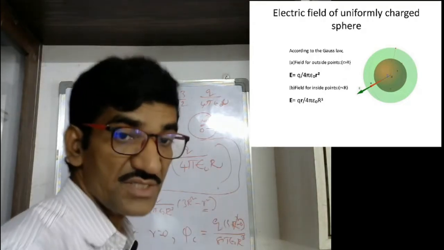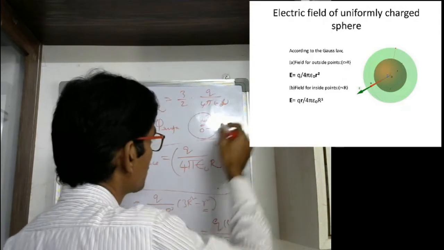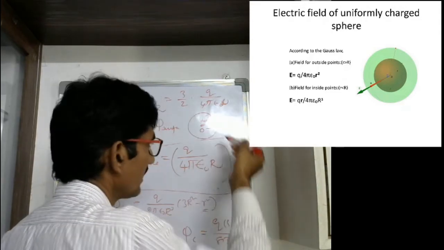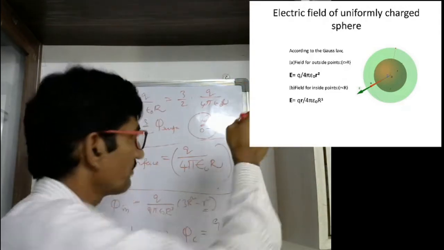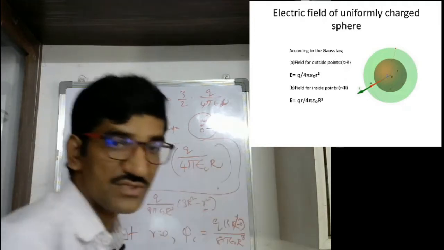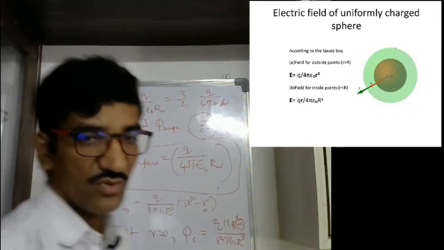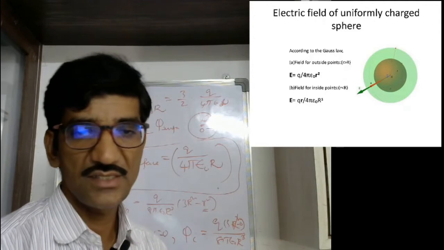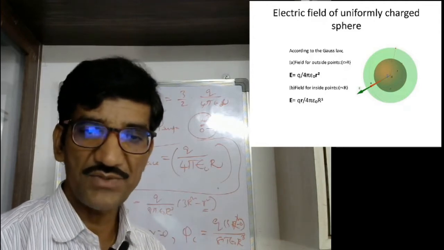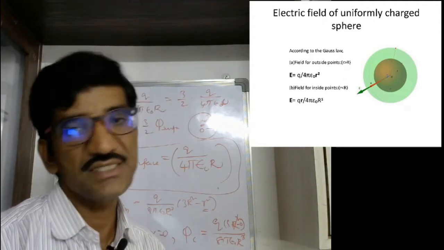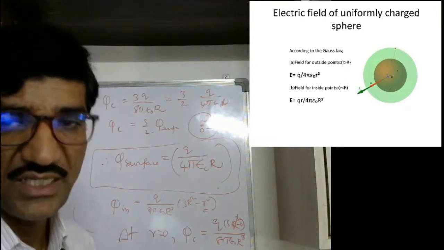It falls inversely as r. That means the fall will be like this for outside points. So, for both the outside points and inside points, we gradually observe the decrease in potential in the case of a uniformly charged sphere.